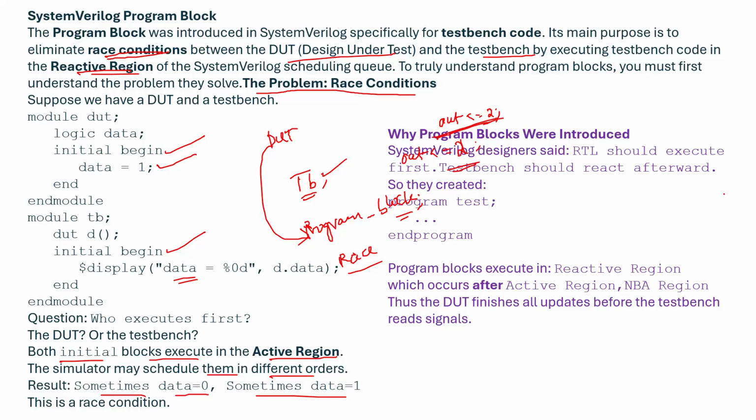Once the DUT writing is completed, only then is it executed. Same thing: the program block is also executed in the reactive region, which occurs after the active and NBA regions. In the active, inactive and NBA regions, all of your RTL is executed, no doubt in that. After that only, your program block is executed. Thus, the DUT finishes all the updates before the test bench reads the signals.